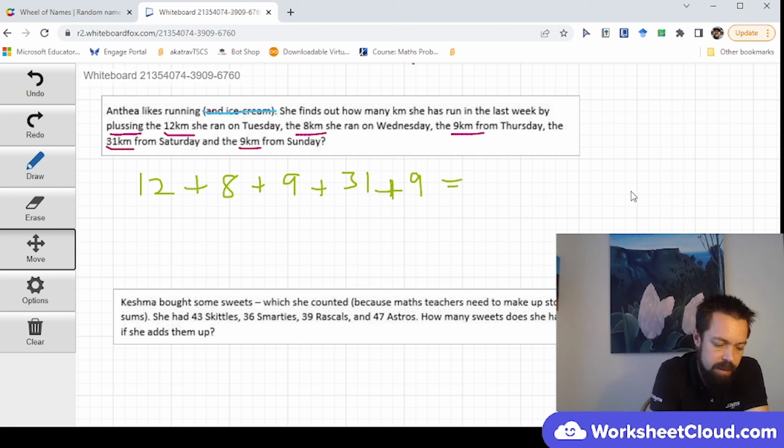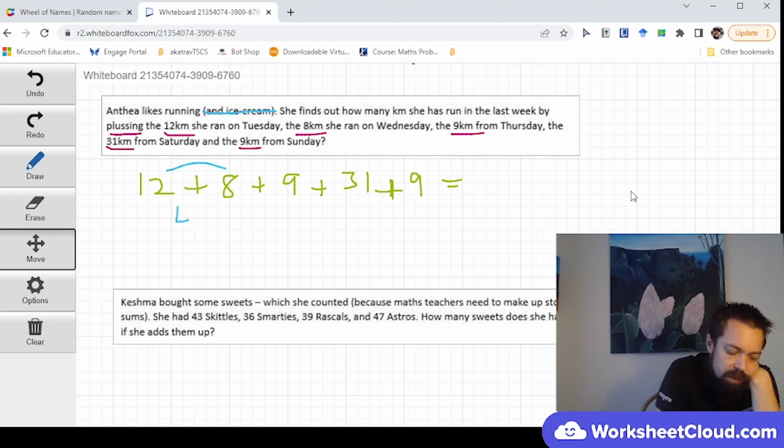There's our number sentence. Okay, so having a look at this, what I'm noticing is that this will work really well if I group these together. So it's partially the commutative law, but actually this is just grouping, I suppose. It's not even one of the methods I showed you. So I noticed that 12 plus 8 is 20. 9 plus 31 is 40.